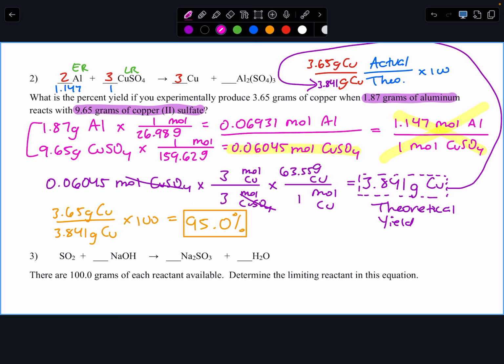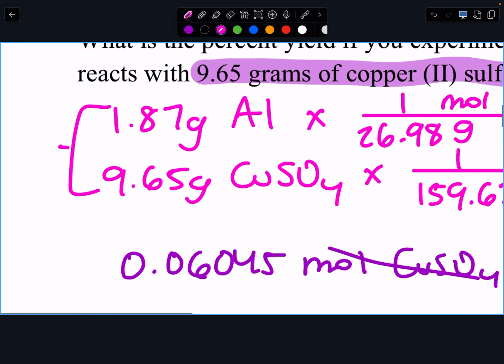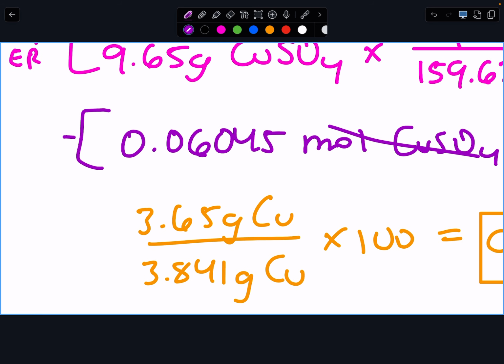So here's what I'm going to do. Look at this. I'm going to break this apart. So this pink section is finding the limiting reactant and excess reactant. The purple part is finding what? Do you know? Yes.